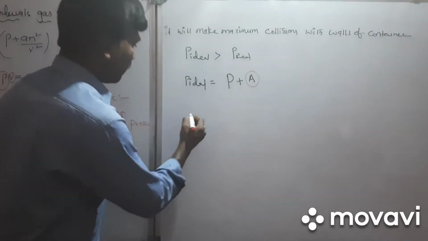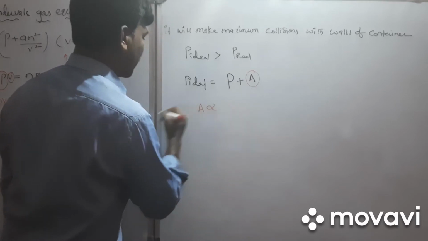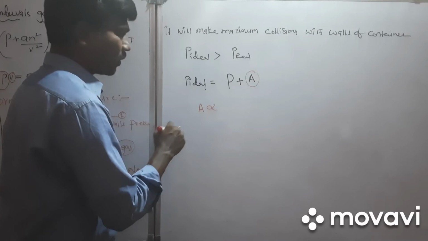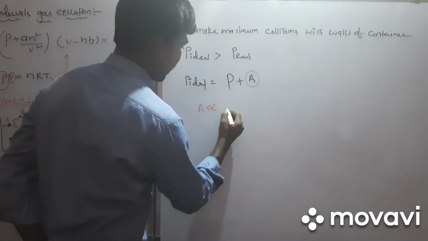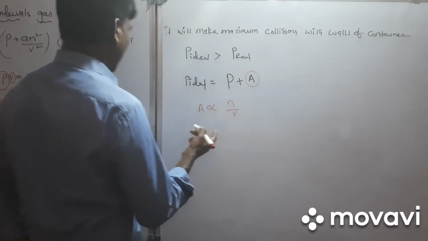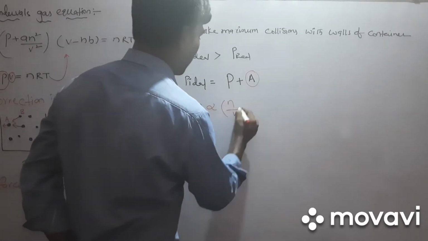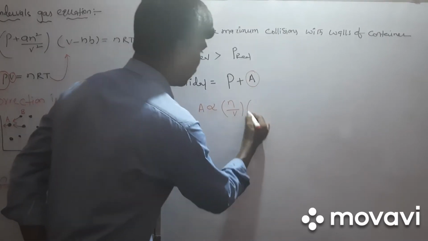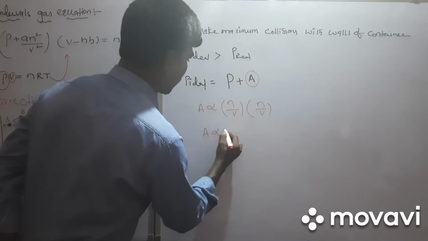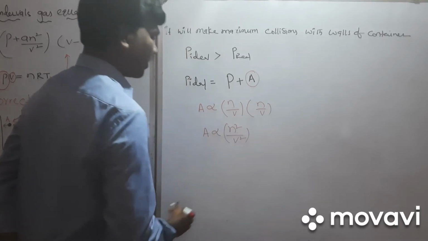So A is directly proportional to A type of molecule, and depends on the density of the gas. Again B type of molecule also is directly proportional to density, right? A is directly proportional to n square by v square.